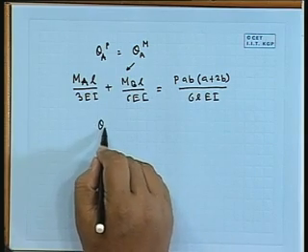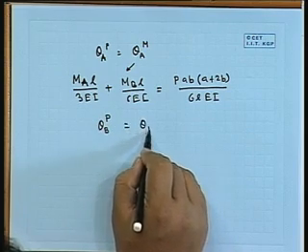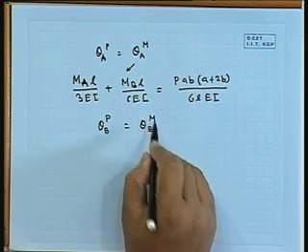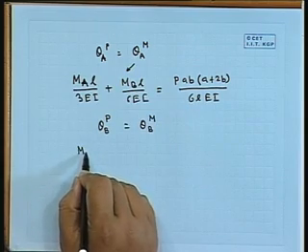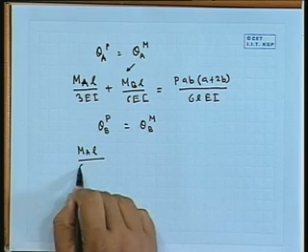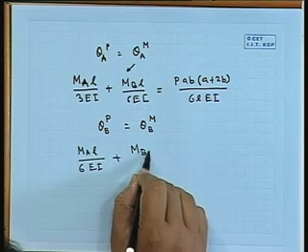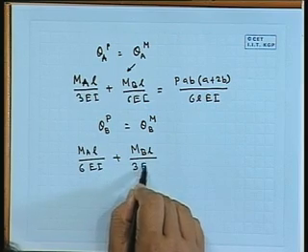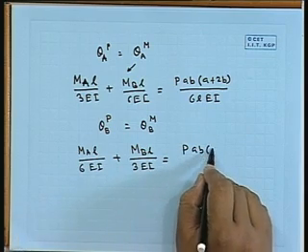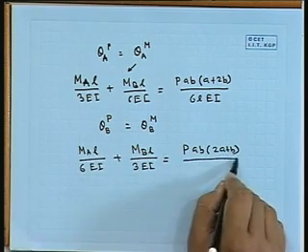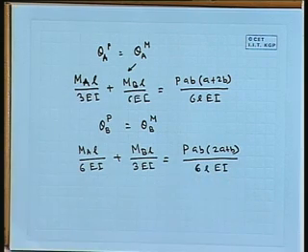So similarly at B, theta B due to the load and theta B due to the moment, if we equate and write here, it will be MA L divided by 6 EI plus MB L by 3 EI, that is equal to P A B (2A + B) divided by 6 L EI.